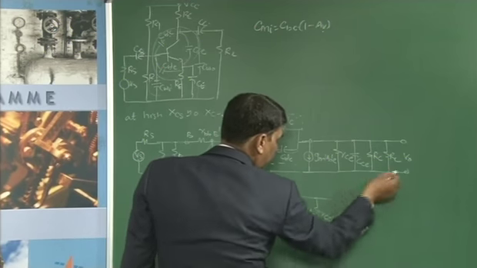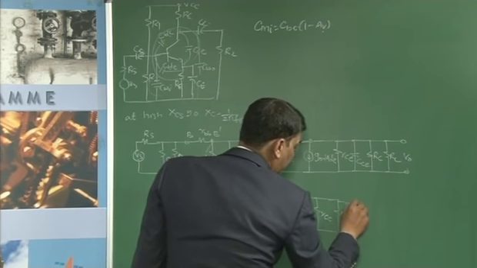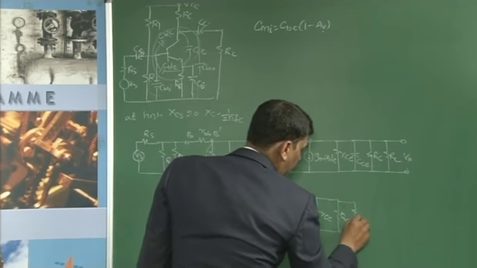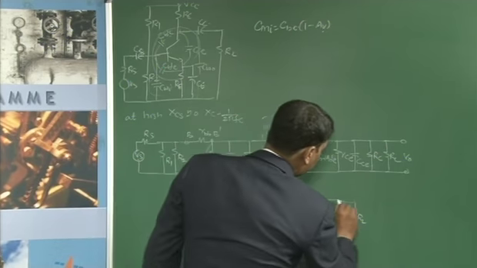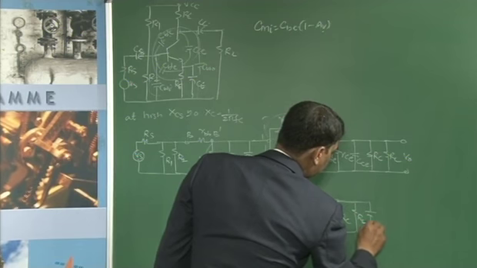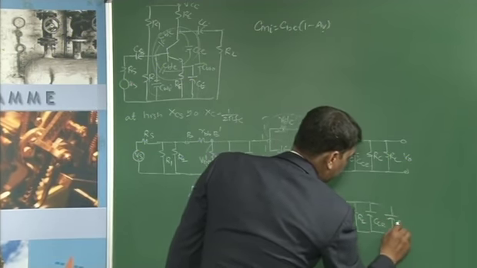then the resistance is RCE, and we will take all the resistances to one side. You are going to get RC in parallel with RL, and apart from the capacitor CCE there is a wiring capacitor CWO.